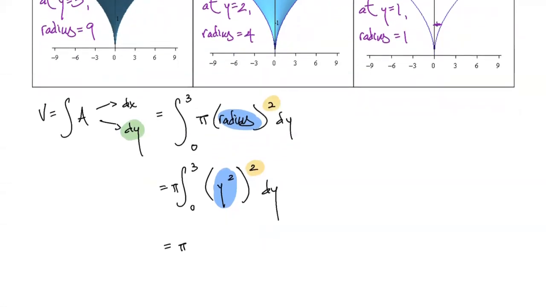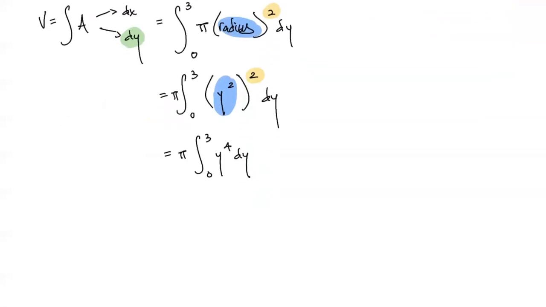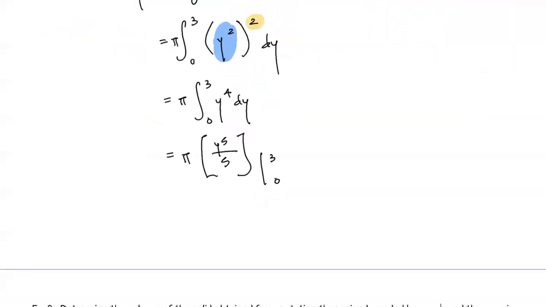Now we can simplify pi integral from 0 to 3, y to the 4th dy. I think this one will work out not too badly, right? Pi times y to the 5th over 5. We're going to plug in 3. We're going to plug in 0. That's going to give us 3 to the 5th over 5 minus 0 to the 5th over 5.